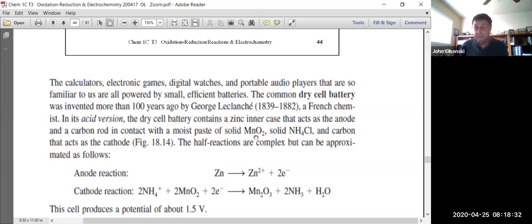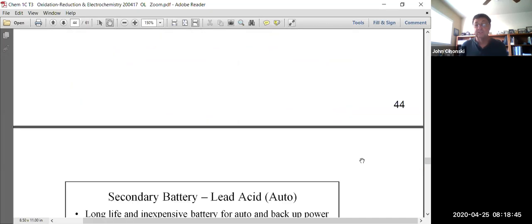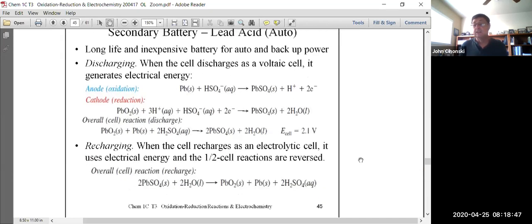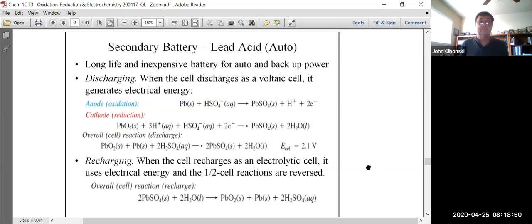Does that sound familiar? Sure should. Now notice it's an acid version, not a base version, and they used ammonium chloride as one of the components in the battery. So that basic idea has been around quite a while.